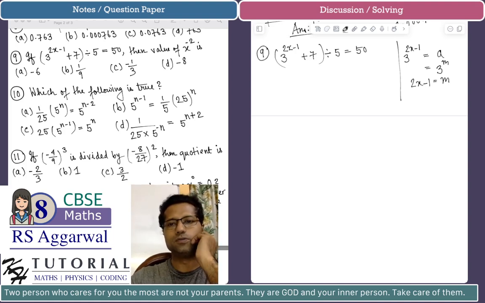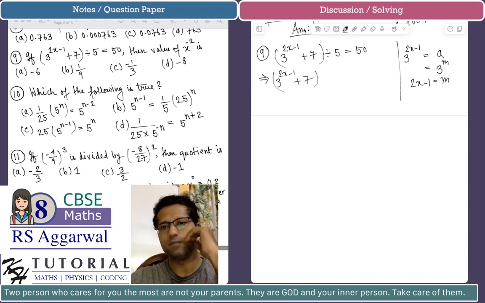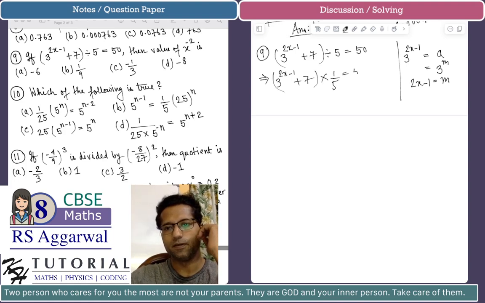Okay, so now I know that (3 raised to the power 2x minus 1, plus 7) divided by 5 means multiplied by 1 by 5 equals 50.